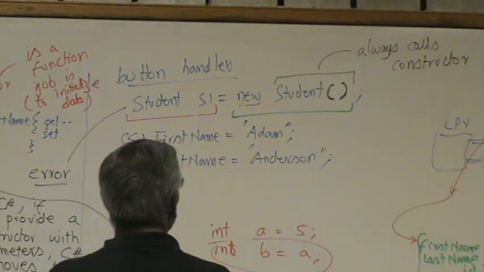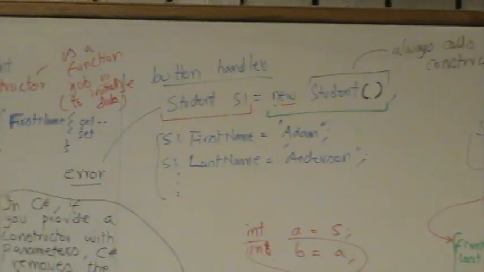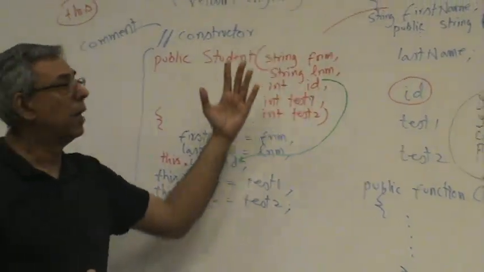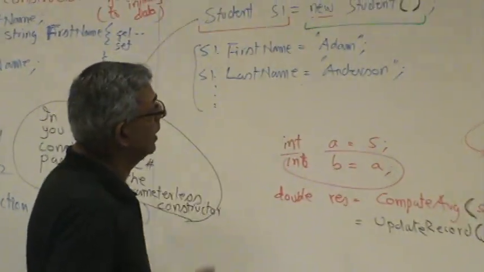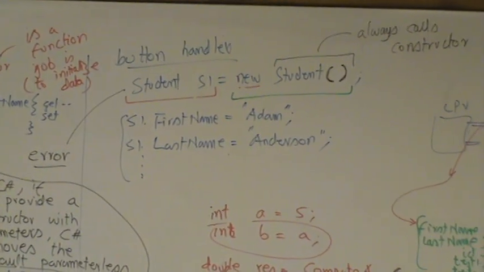Okay, so now let's come to this part. Suppose we did not write this, no constructor was written. This one still succeeds. How come it succeeds then? It creates a default constructor.